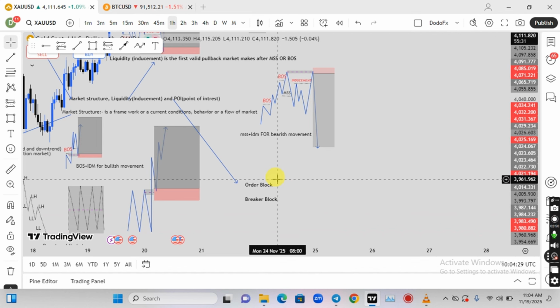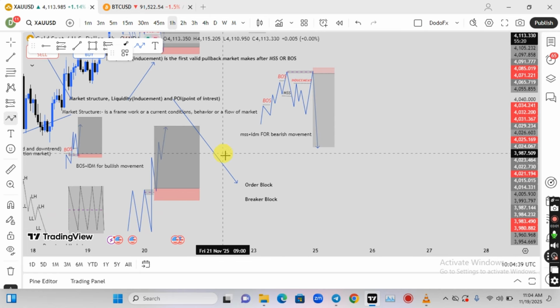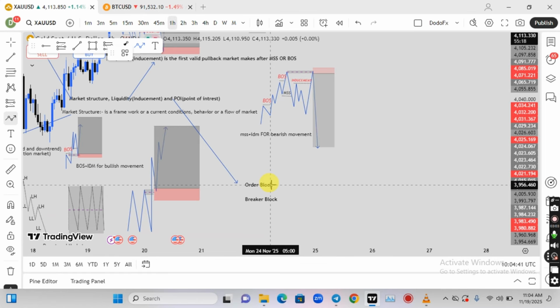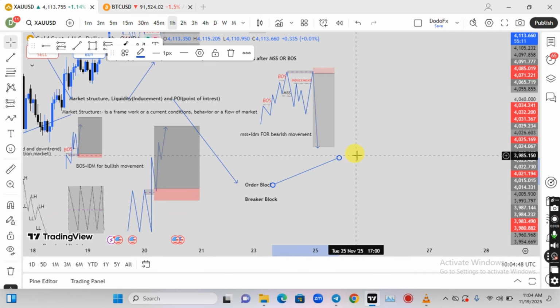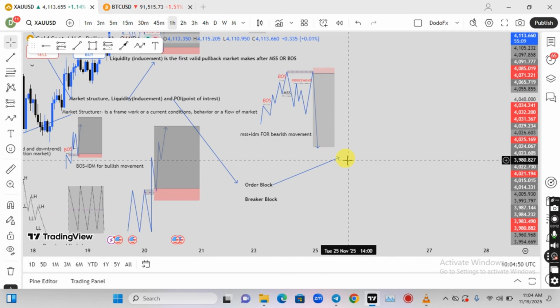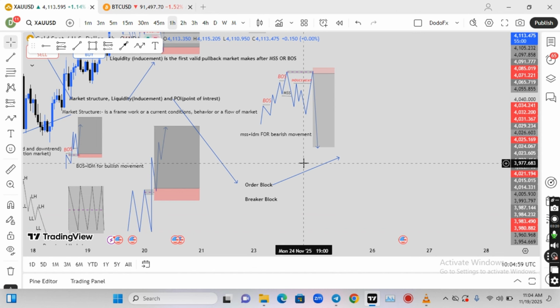Like us, we that trade with $100, $200, $1,000, $100,000, we don't make any move in the market. Those people that make moves in the market are those that place 100 million, 1 billion, 2 billion. We call them institutional buyers or sellers. They are the people that make moves in the market, and they set places for their buy or sell limit orders, if you understand what I'm trying to say.